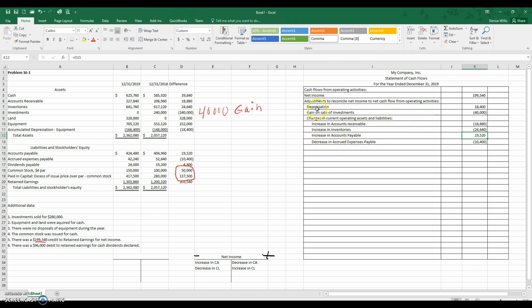Just to recap, we have now added back non-cash expenses. We have washed out the effect of any gain or loss, and then we have dealt with our changes in current operating assets and liabilities. So now we are ready to get our net cash flow from operating activities.